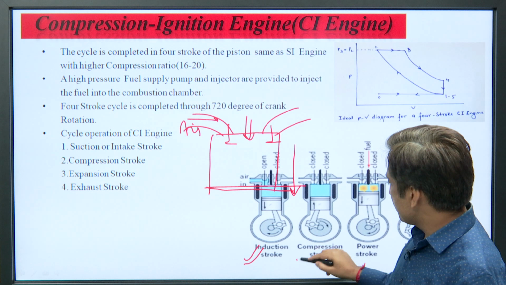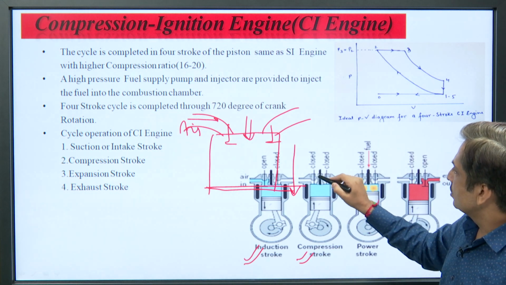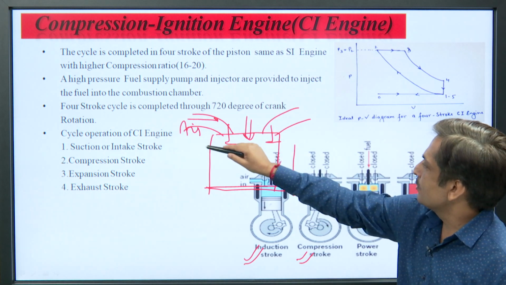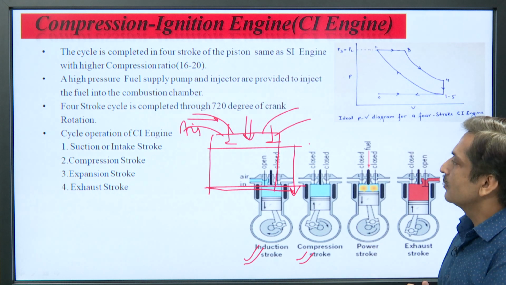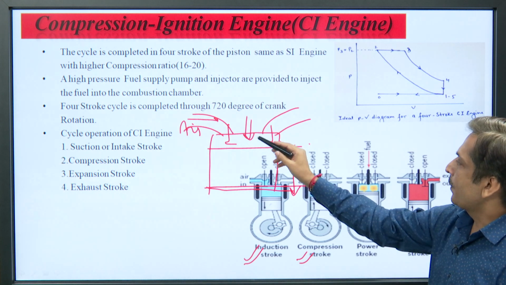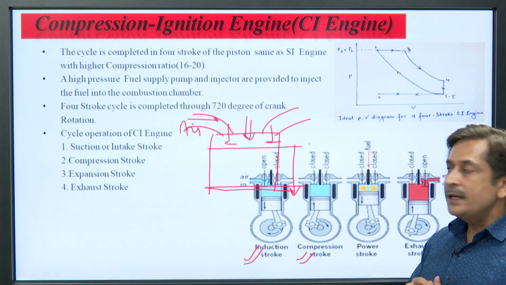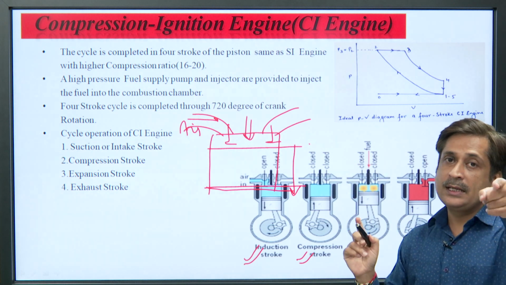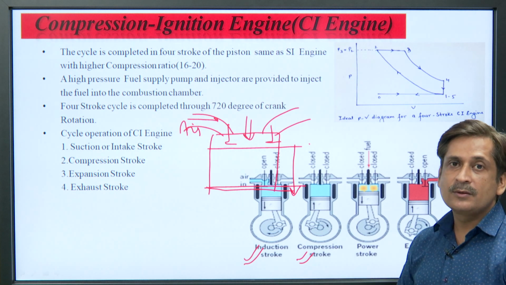Then during the compression stroke both valves are closed, and when it comes to the top dead center, or inner dead center in case of horizontal orientation, the pressure will be very high and the temperature will be very high. At this point in an SI engine we create a spark with the help of a spark plug, but here there is no spark plug.